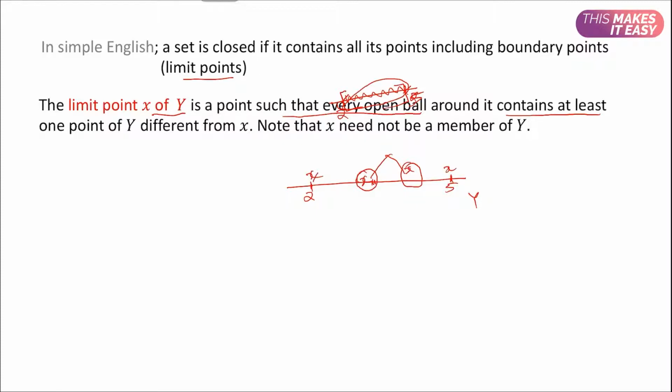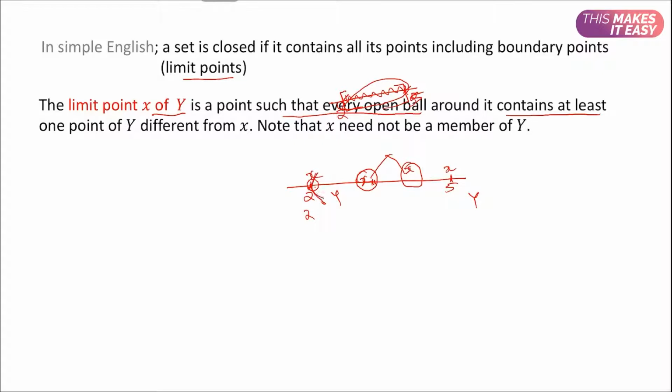For example, here it is an open set, so 2 is not included in the set. But if I take an open ball around 2, there will be some x that is part of the y set. So this 2 is also called a limit point. It means that x need not be a member of y.